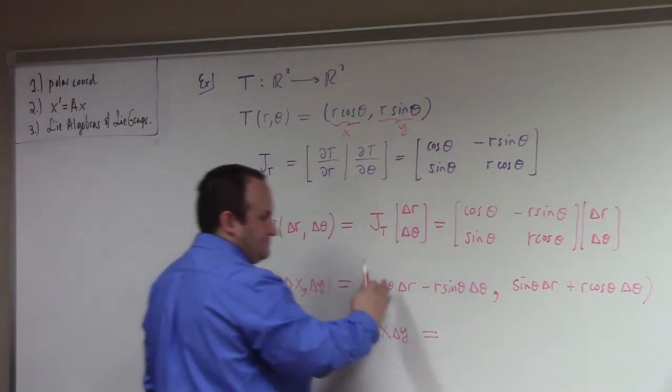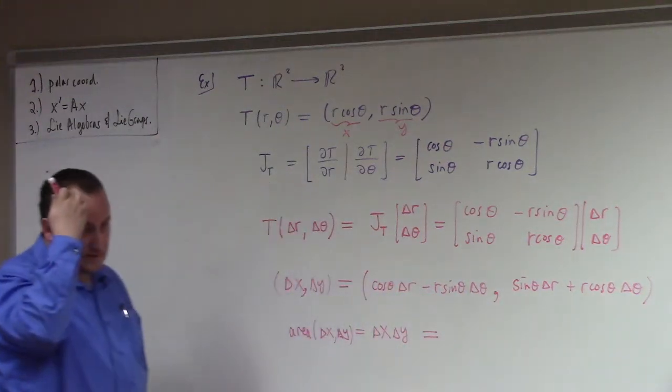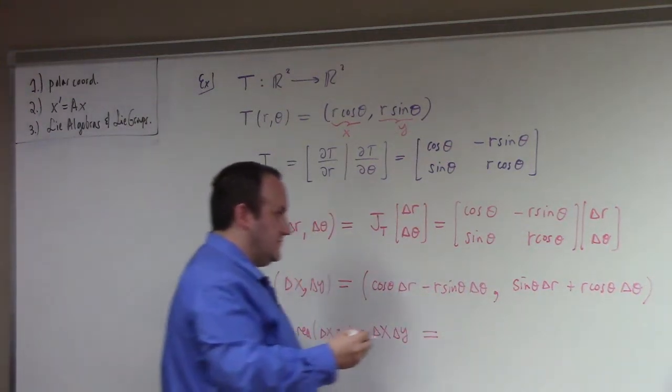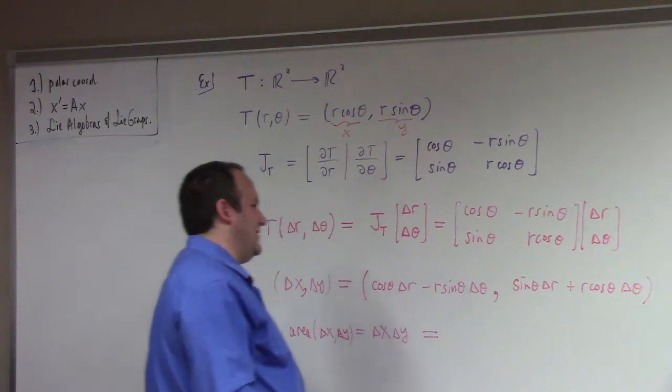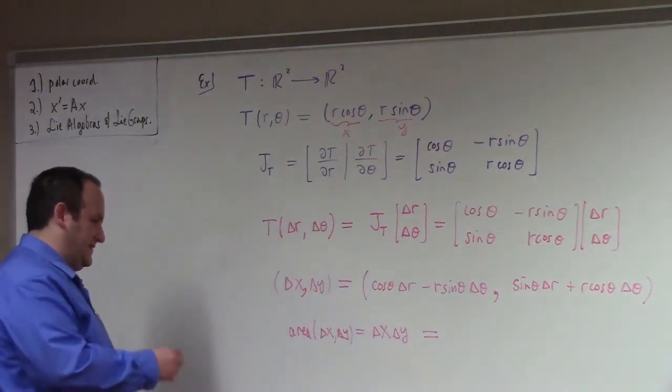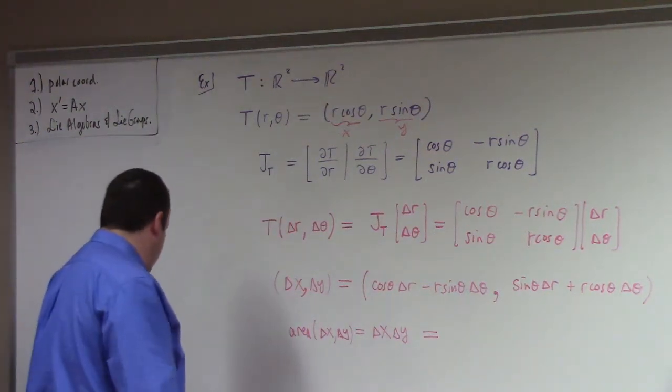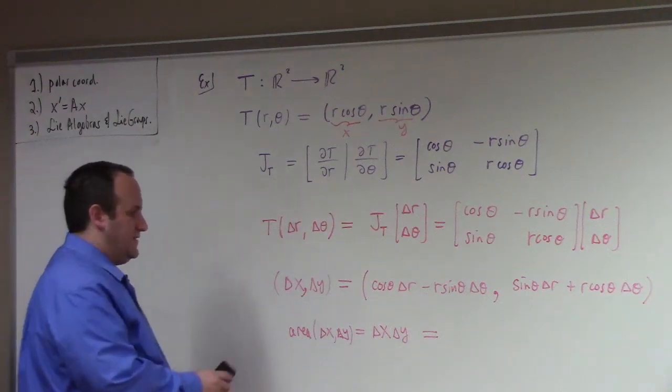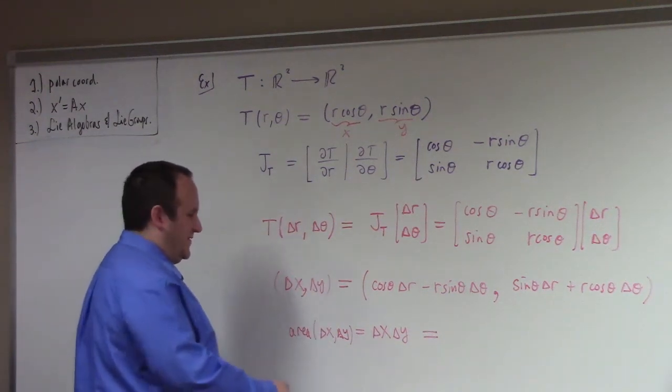What's the area of this? Well, oh, I'm sorry, guys. I'm muddling this. I'm not getting across the point. I didn't need to even write all this out. I'm so sorry. I had to erase.